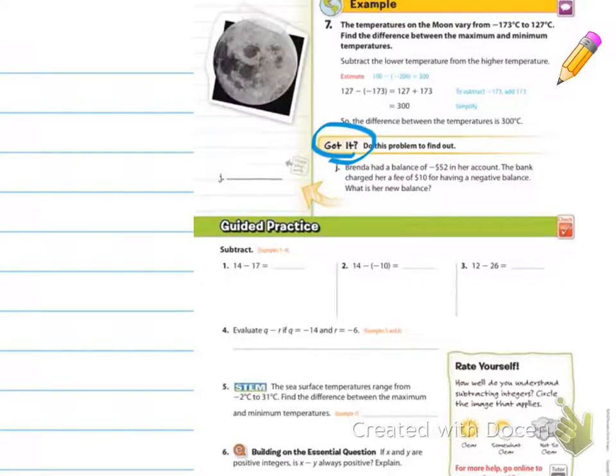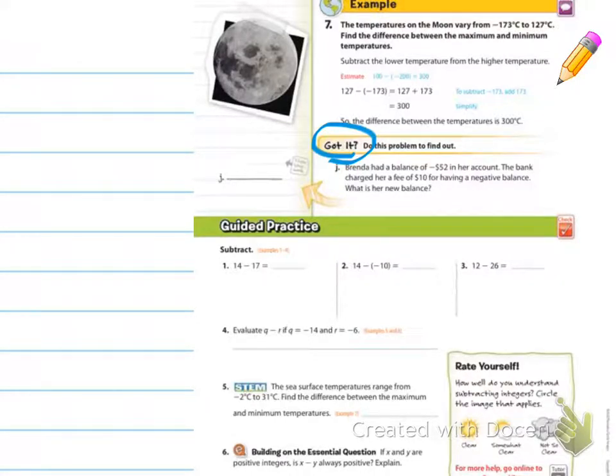So 127 minus a negative 173. So when you are rewriting the problem, keep, change, change, you've got 127 plus 173. Now you're adding two positive numbers, nice and easy, answer of 300. The difference between the temperatures is 300 degrees Celsius.